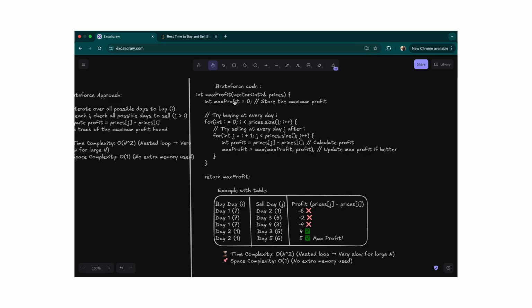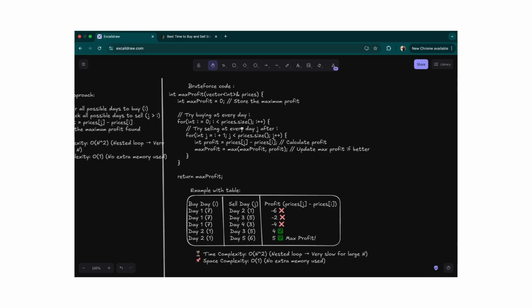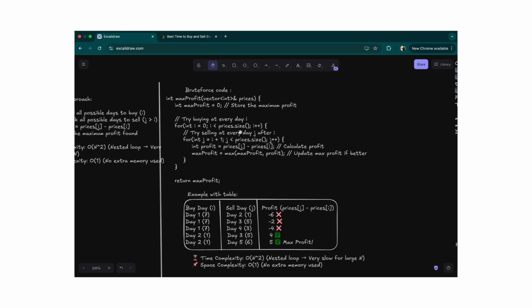And for buying every day, we need to traverse a loop over the prices array that we get in the input, and we have to keep incrementing it, and we have to check the selling day also. So for this we need to add one nested loop that will give us the selling day, and it will start from one value after i, and it will keep traversing till the size of the price array.